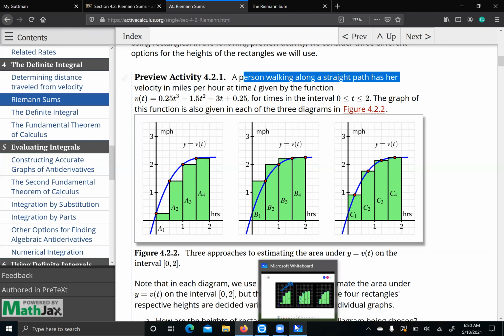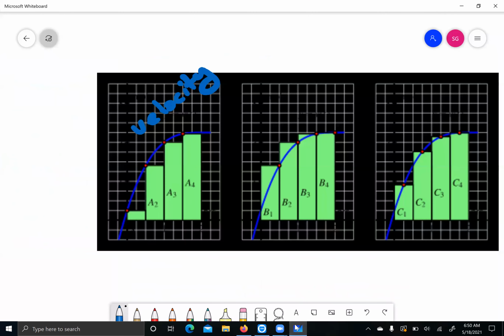So we know that the distance traveled by this object from the starting point until the 2 hours is going to be the area under the curve. So it's going to be this, right?